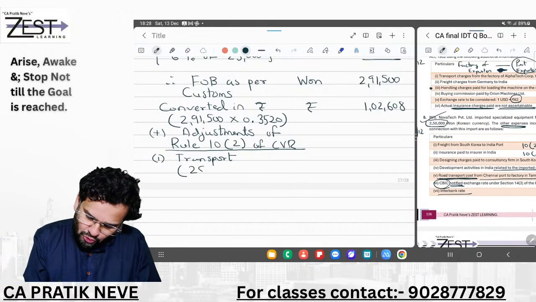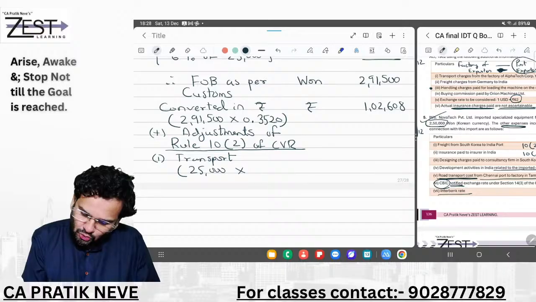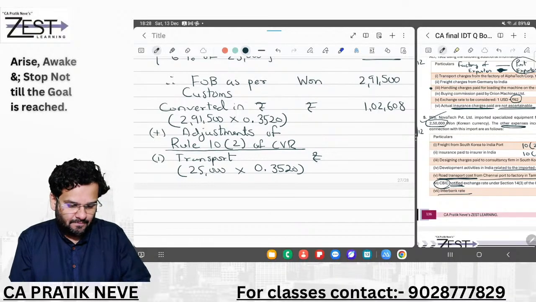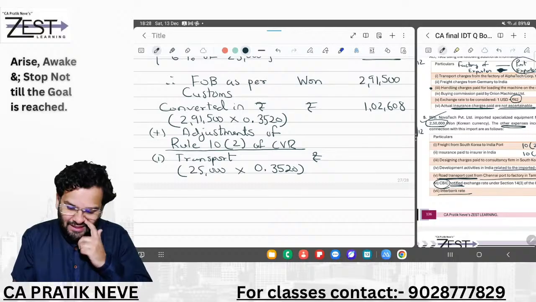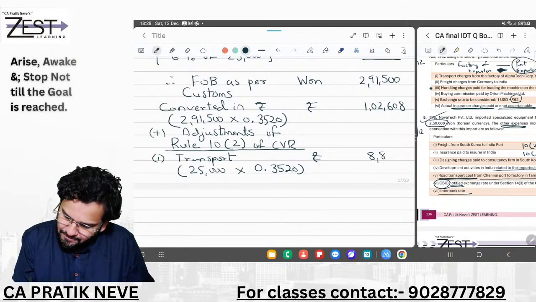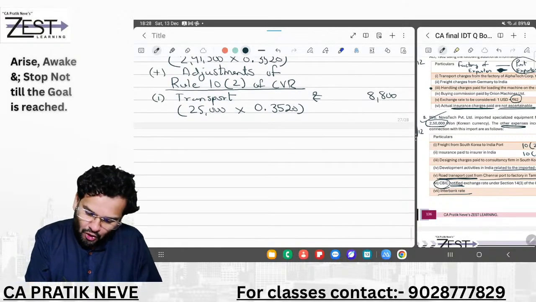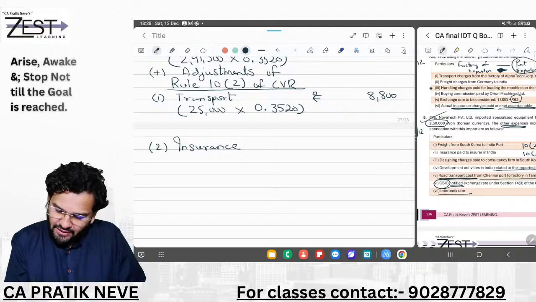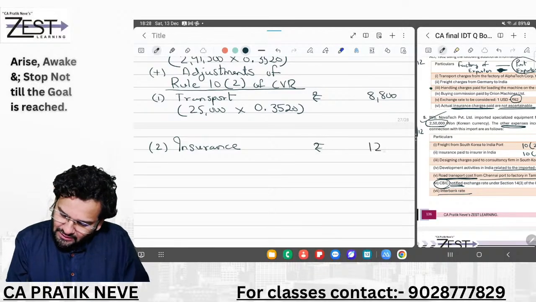Now you will have to do 25,000 into 0.3520 because now everything is in rupees. So are we getting 8,800? And for insurance, it is already given in rupees, 12,000.